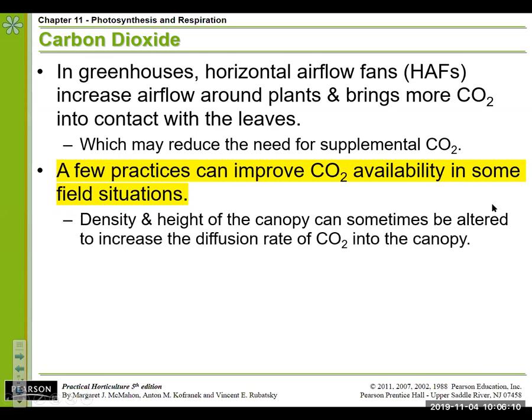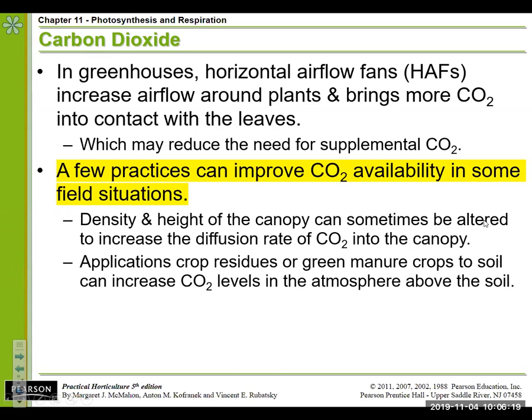One is just manipulating the density and height of the plant canopy to increase the diffusion rate of carbon dioxide. So we might look at that in terms of pruning some growth, allowing for better airflow around it. We can also apply some crop residues or green manure crops to the soil, which can increase the CO2 levels in the atmosphere above the soil as that stuff breaks down.